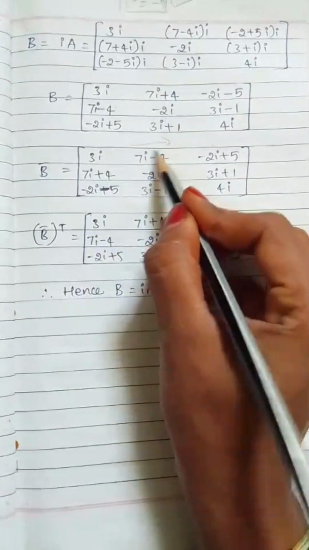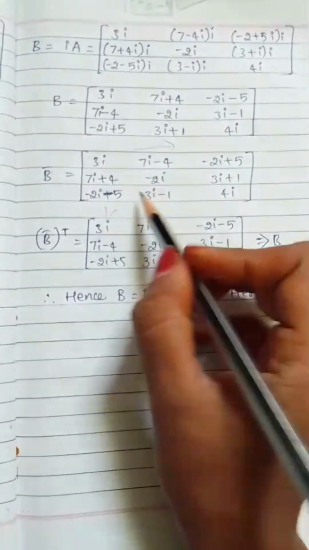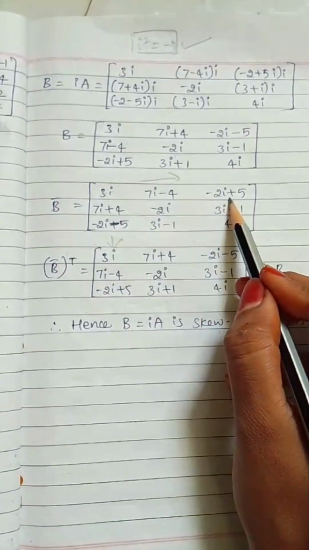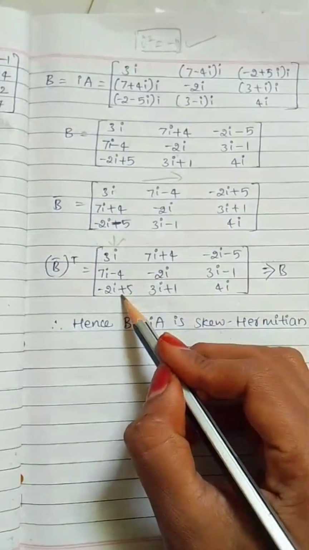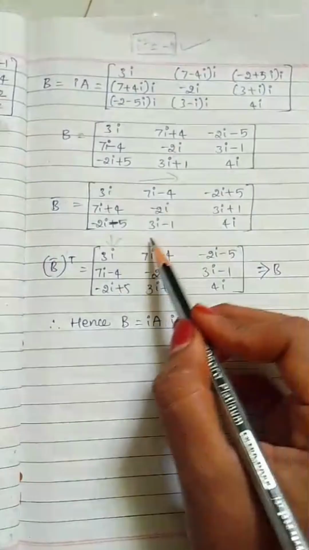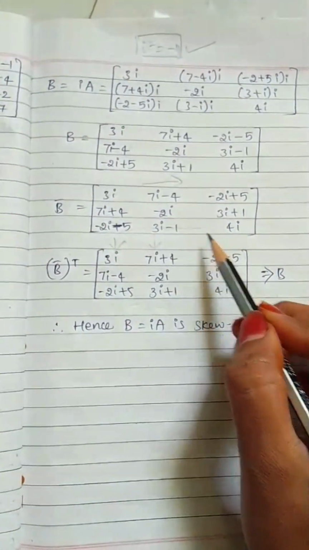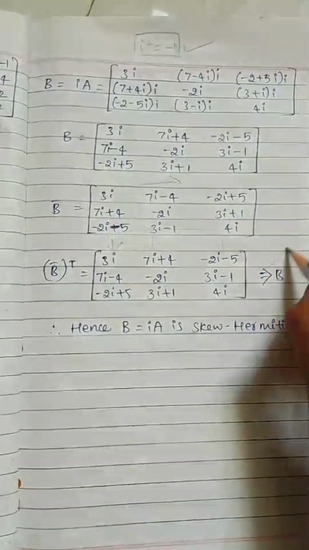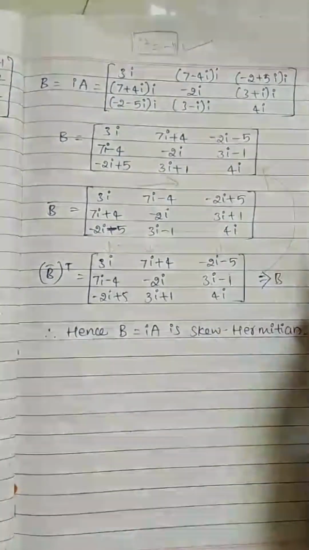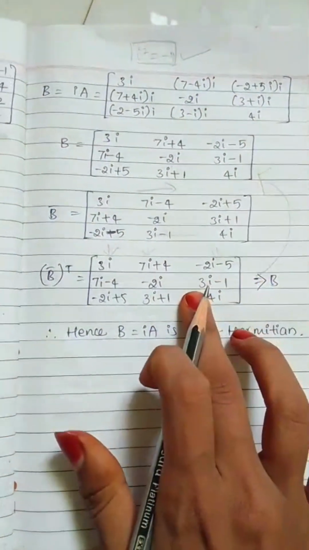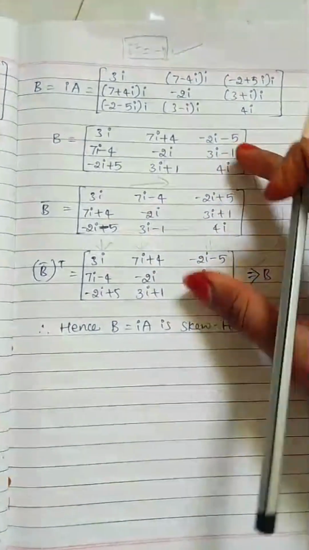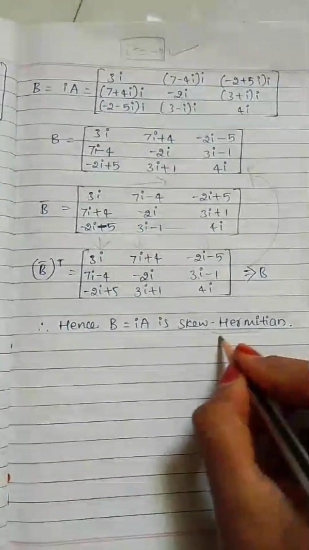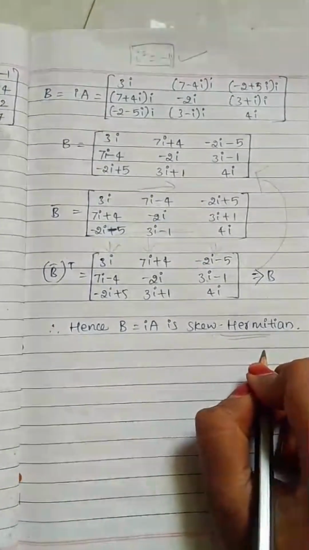I told you how to change the row to column. 3i, 7i minus 4 and 2i, minus 2i plus 5. Then second row, second column. Third row and third column. Take it as it is. Then I will get minus B. Got it? This one and this one both are the same. Hence B is equal to iA is skew Hermitian. Got it? Very simple, right?